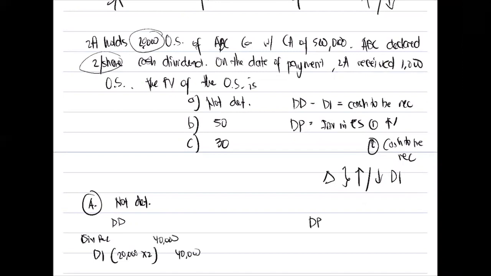Date of payment, we will receive the investment, so we will record the investment in equity securities. How? First, at fair value. Fair value given? No. Therefore, we will record it at the cash to be received, 40,000. And then we remove the dividend receivable, 40,000 pesos.